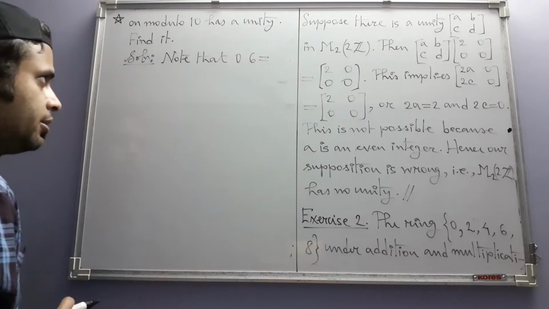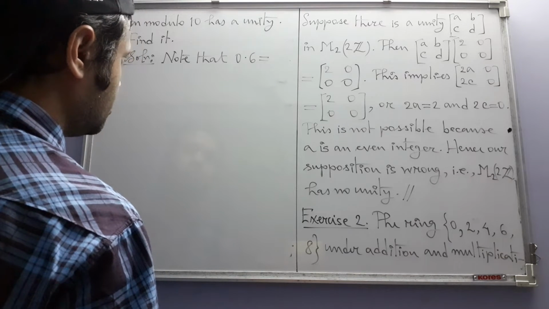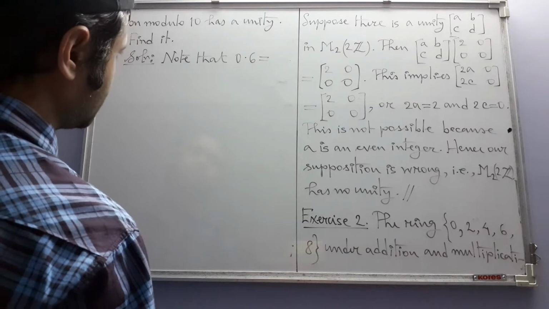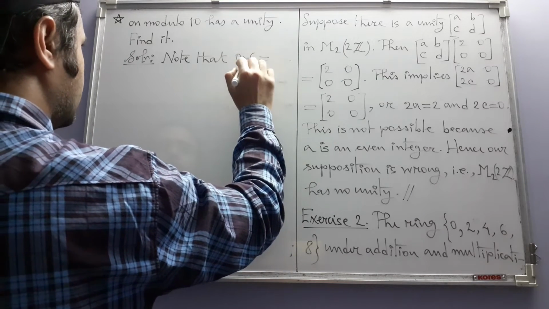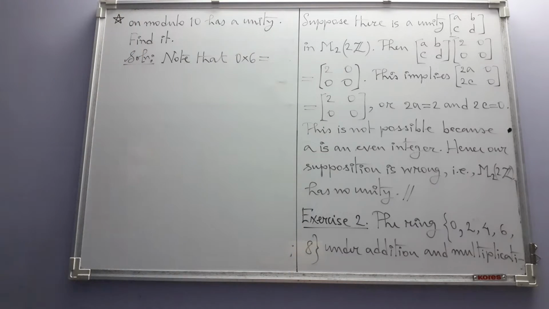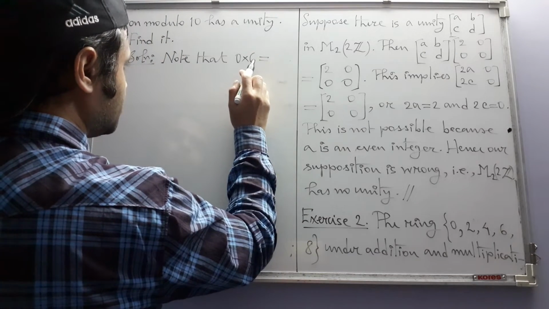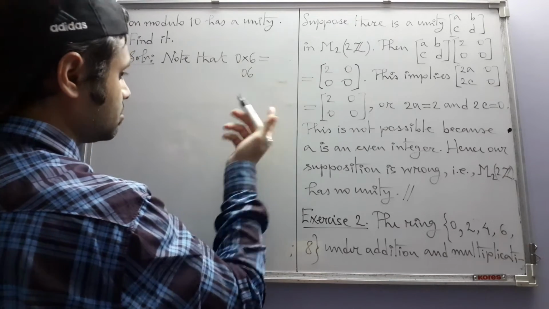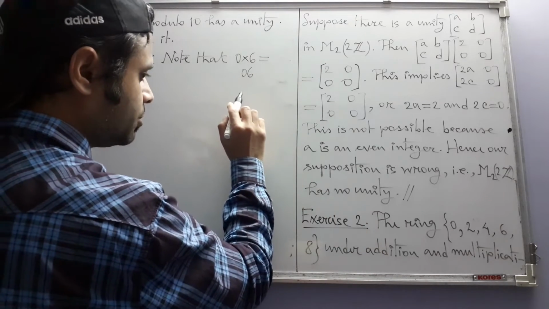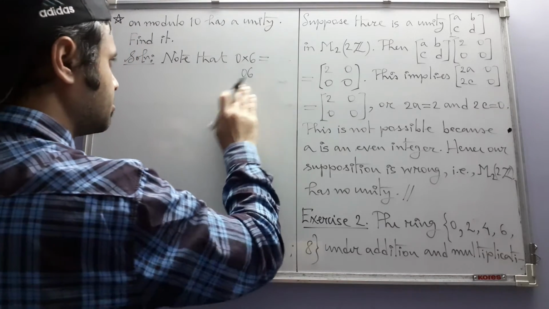I cannot actually use the dot here because dot has been reserved for something else. So what should I do? Let me just simply write like this. 0, 10, because if I write 0, 6, it looks confusing, or more confusingly, if I write 2, 6, it looks like 26.